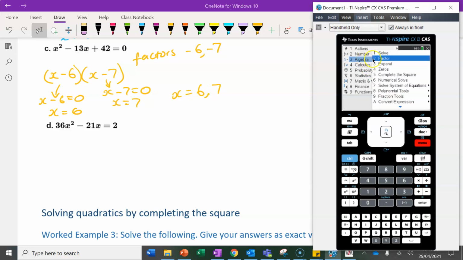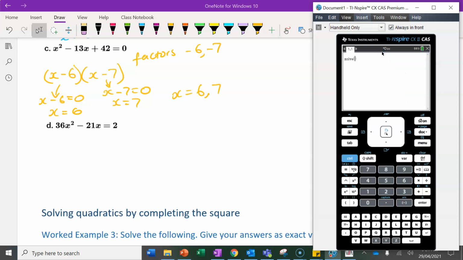You're going to come into algebra and then click solve. So let's type in D, which is 36x squared minus 21x is equal to 2. Now, after you've typed in your equation, don't forget to put comma x.